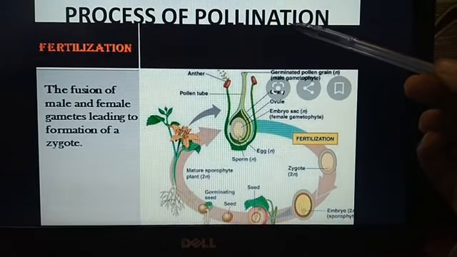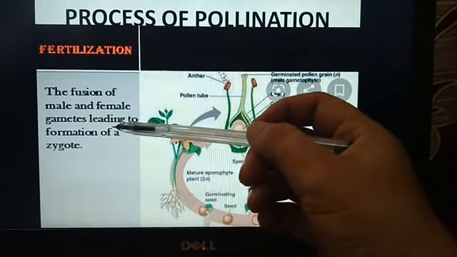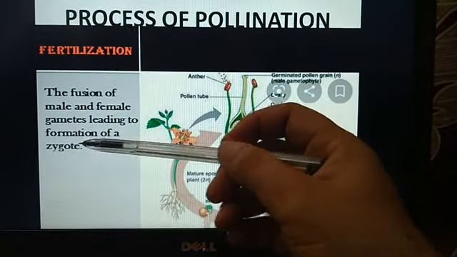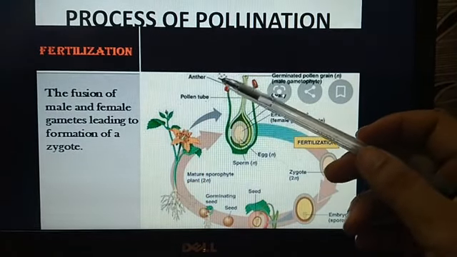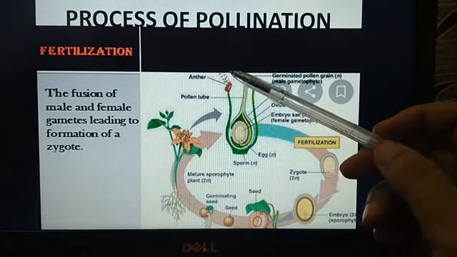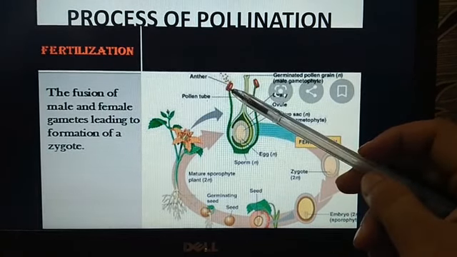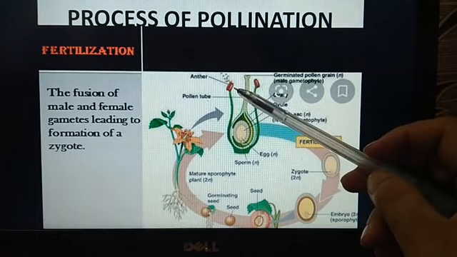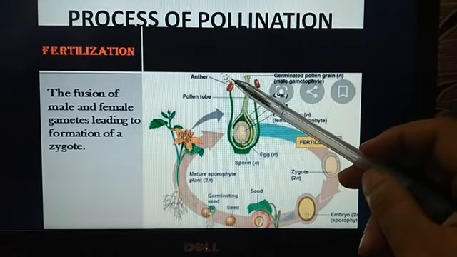Process of pollination. The fusion of male and female gametes leads to formation of a zygote. In the process, the male gametes are present in the pollen grains that are placed inside the anther. When the anthers mature, they split open and pollen grains are set free.